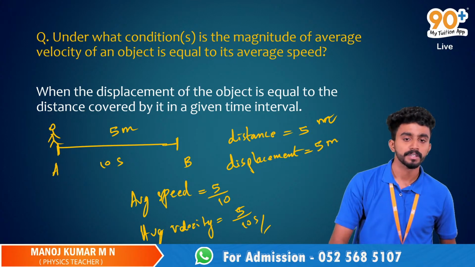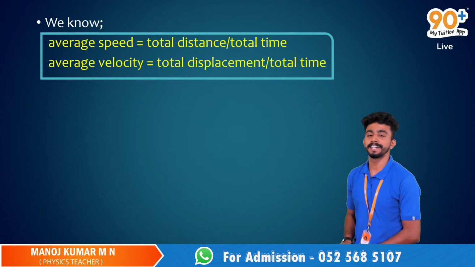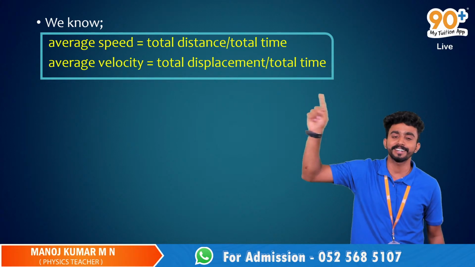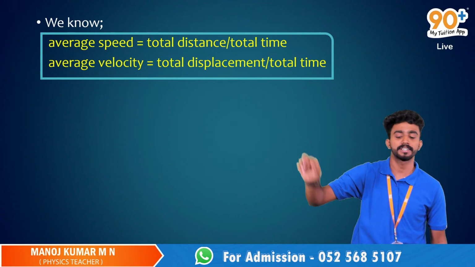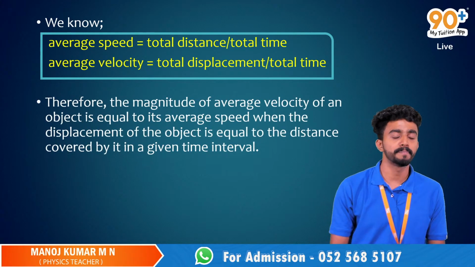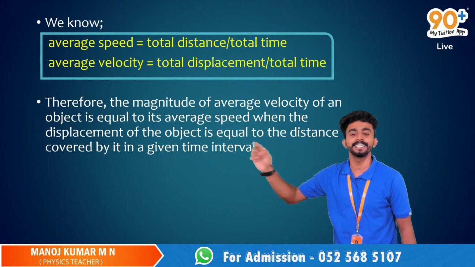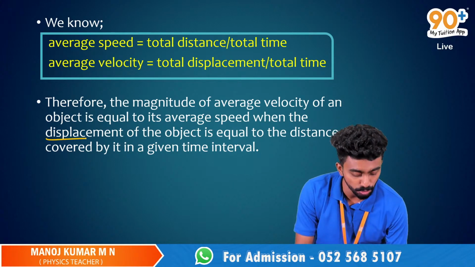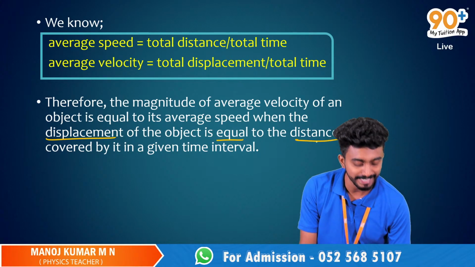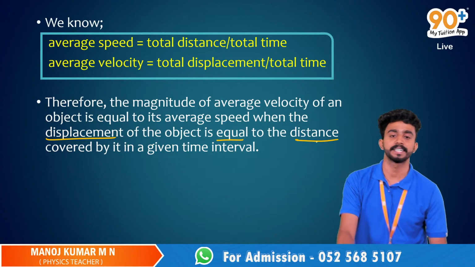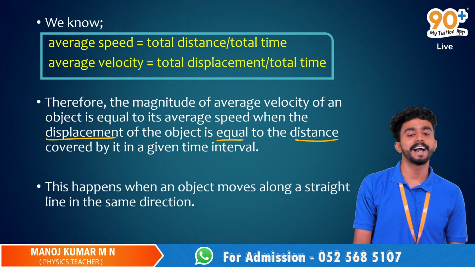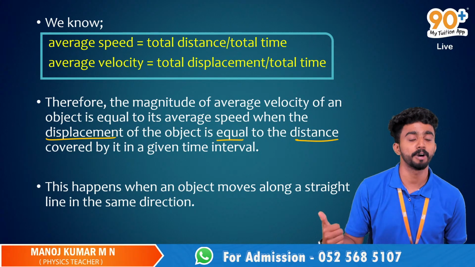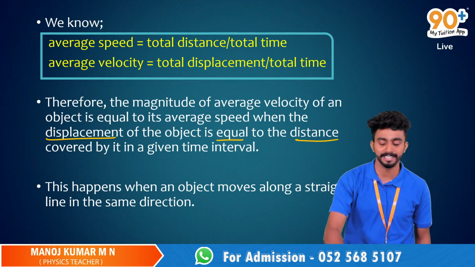With respect to average speed, it is the total distance divided by the total time, and average velocity is the total displacement divided by the total time. The magnitude of average velocity of an object is equal to its average speed when the displacement is equal to the distance covered by it in a given time interval. This happens when an object moves along a straight line in the same direction.